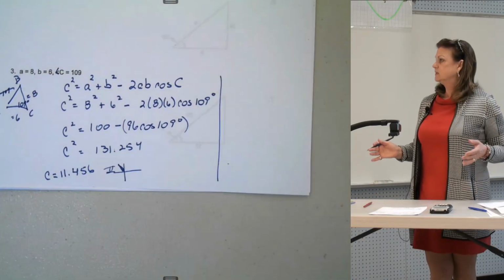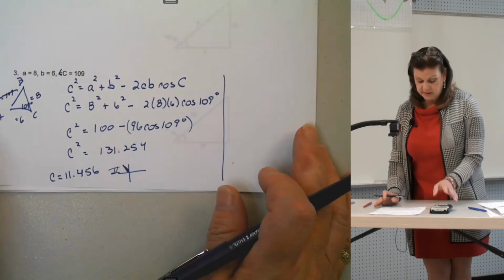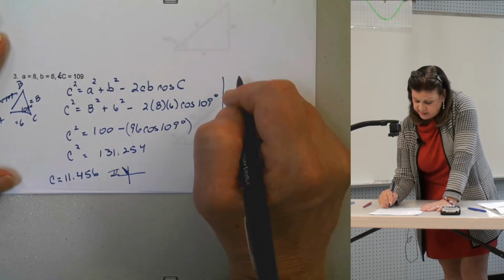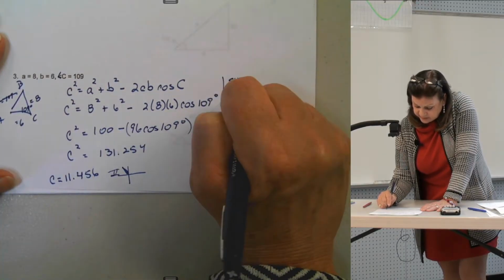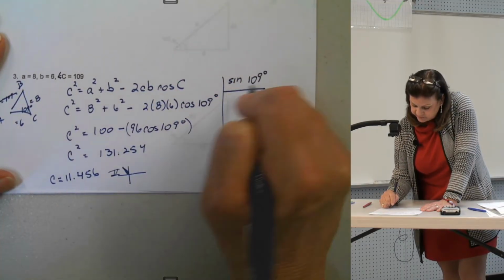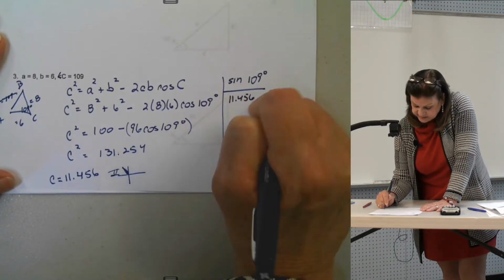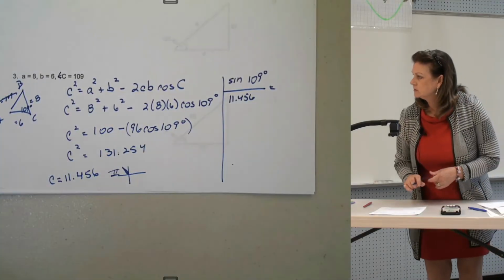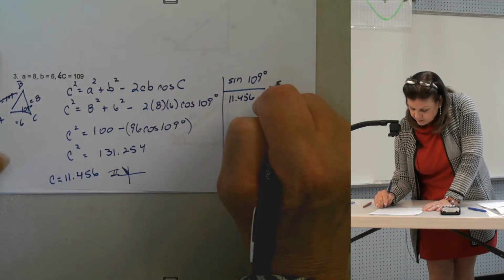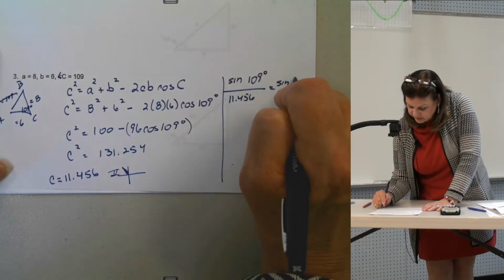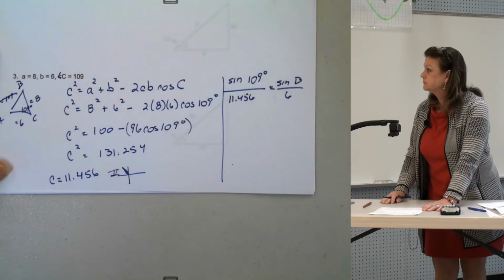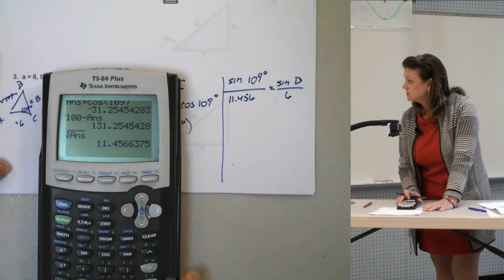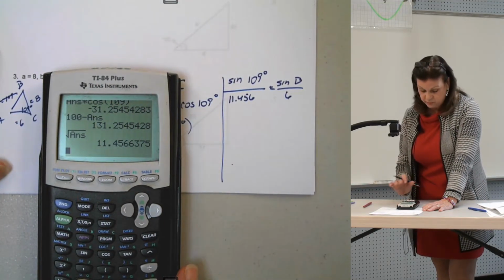Okay, I've got the entire set for C. And I know neither one of my other angles is going to be obtuse, so it really doesn't matter. So now I'm going to do sine of 109 degrees over 11.456, and let's find B: the sine of angle B over 6. That's mainly just a force of habit. I usually find the smaller angle when we're dealing with this.